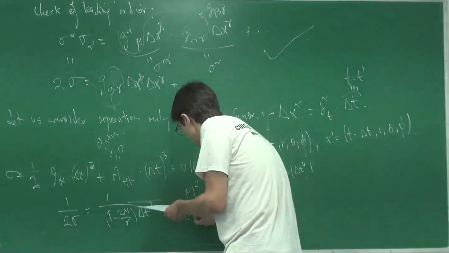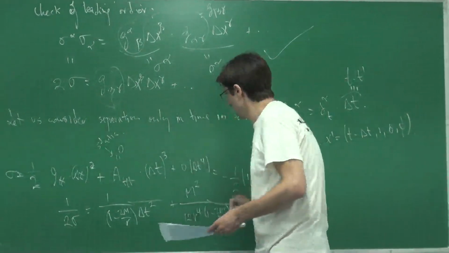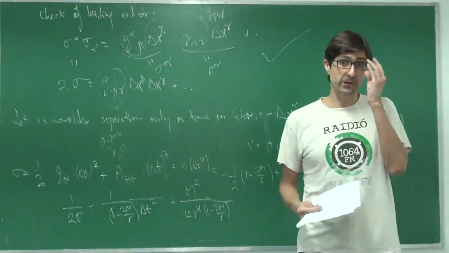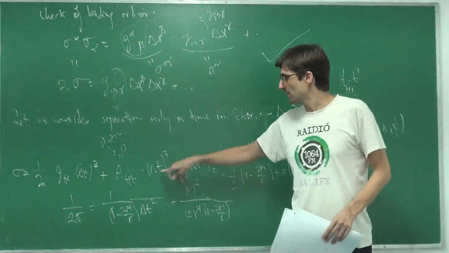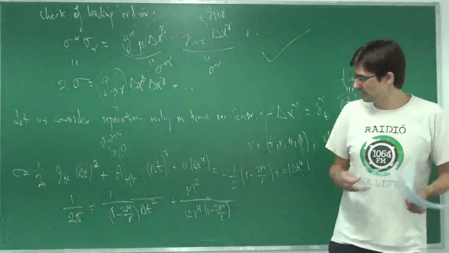Now, this is the order 1 over separation squared, and the 1 over the separation, not squared, is just 0.